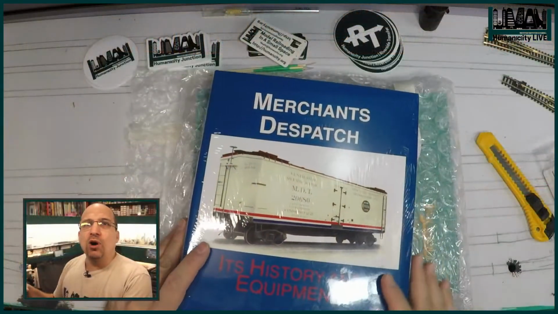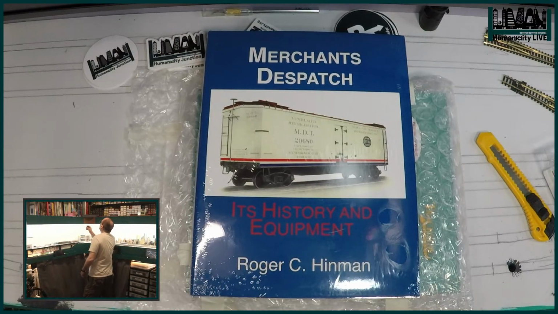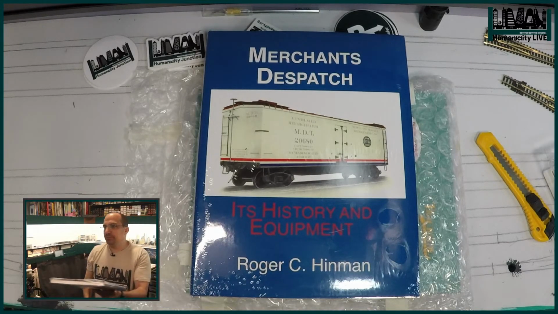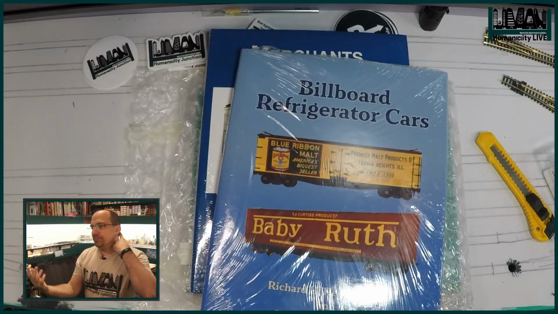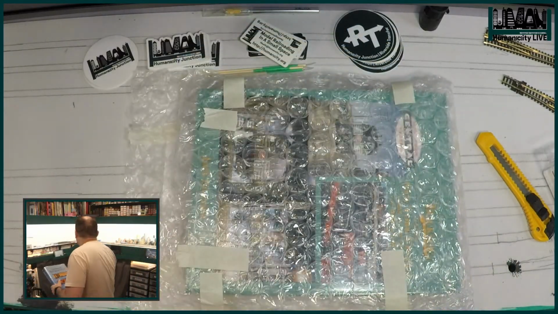So someone posted this on Facebook. I decided that I wanted to get the book, so that's one of the books. I also have other books along the same vein as that. This is just one of them, billboard refrigerator cars. So I like these types of books.